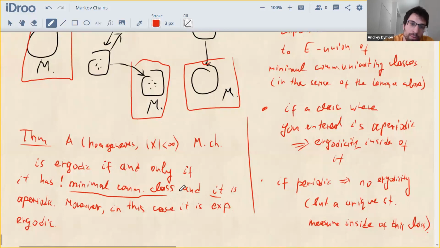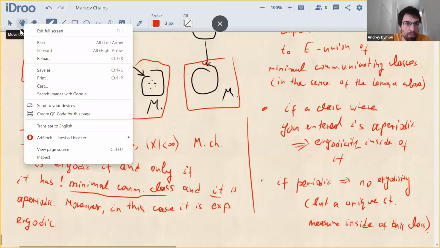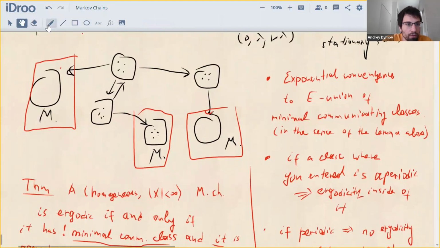And only minimal communicating classes are irreducible, because from all other communicating classes you can leave them. For such a class, the period is not defined because you leave it for this class or for this one, and then you leave it for this one. See? So in general, your life is as follows.